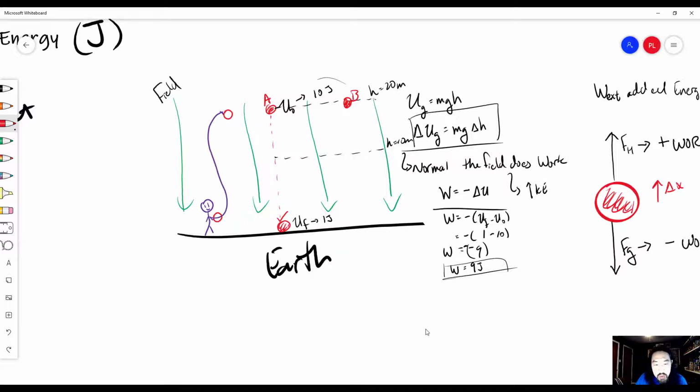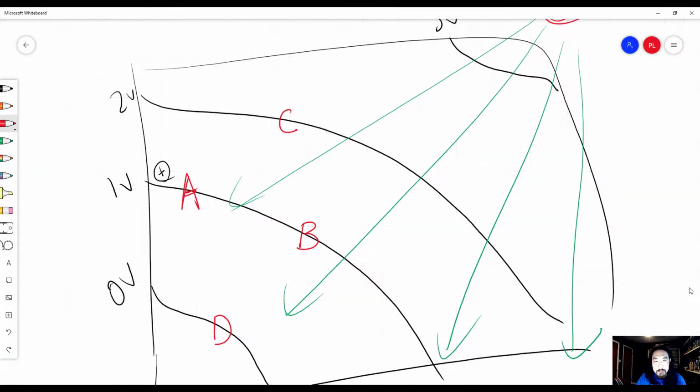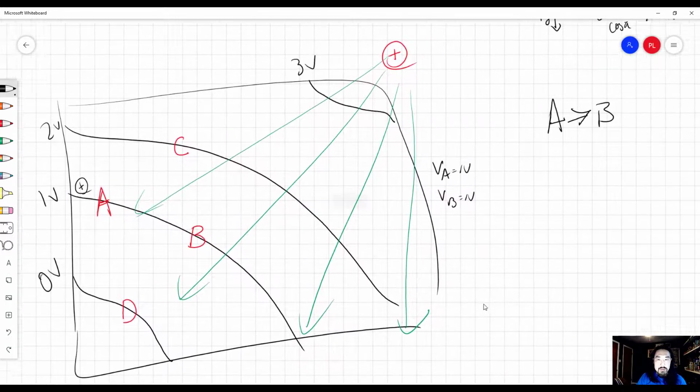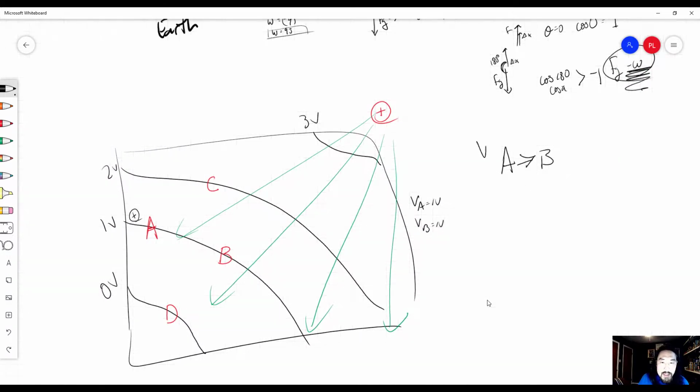Writing this out, voltage A is 1 volt and voltage B is 1 volt, so there's no change in voltage. Because there's no change in voltage, the work from A to B is 0 joules.